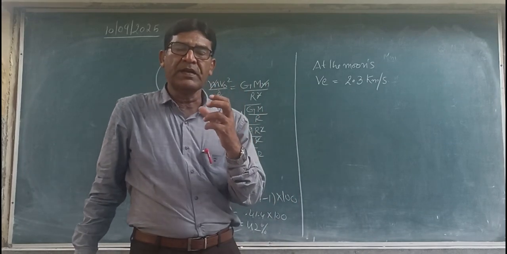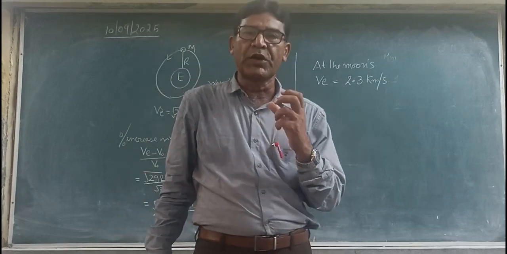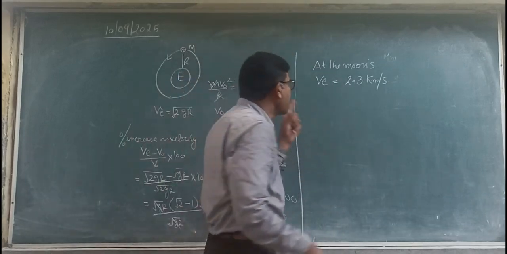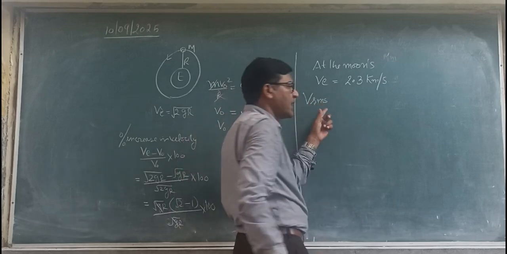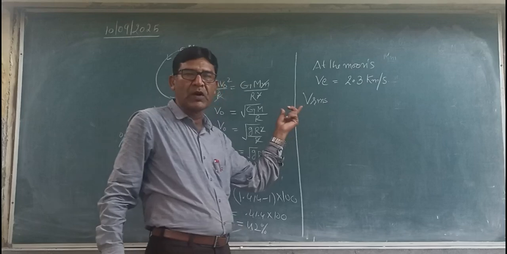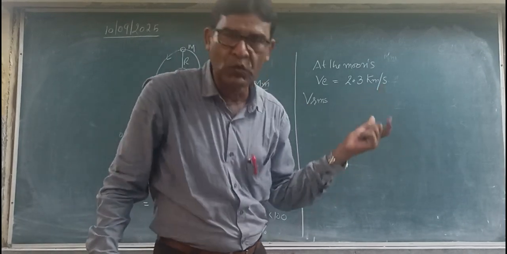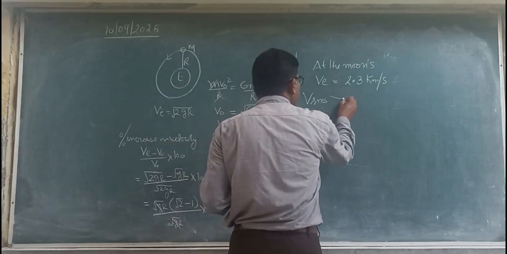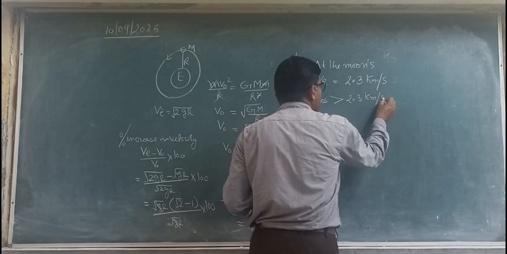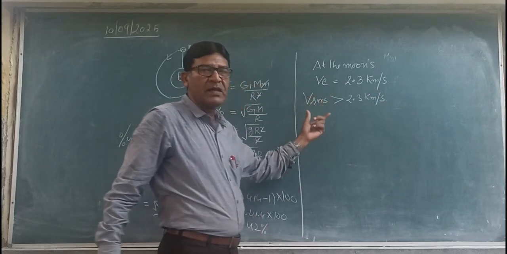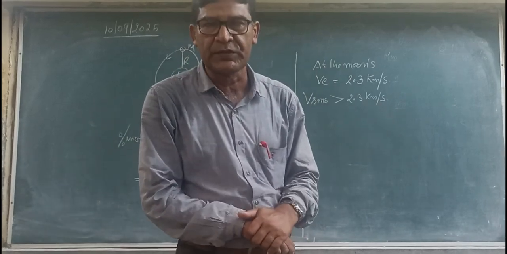The VRMS, the root mean square speed of the molecules of the gases in the atmosphere of the moon, is greater than 2.3 kilometer per second. Therefore, the molecules escape to space and hence there is no atmosphere on the moon.